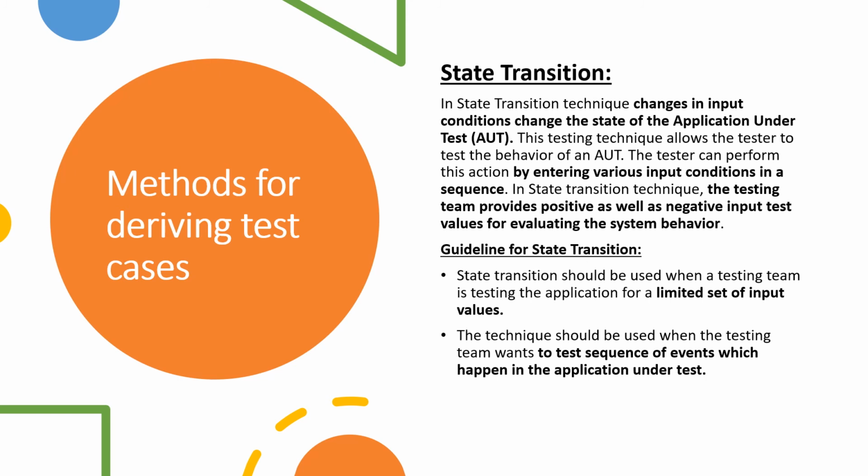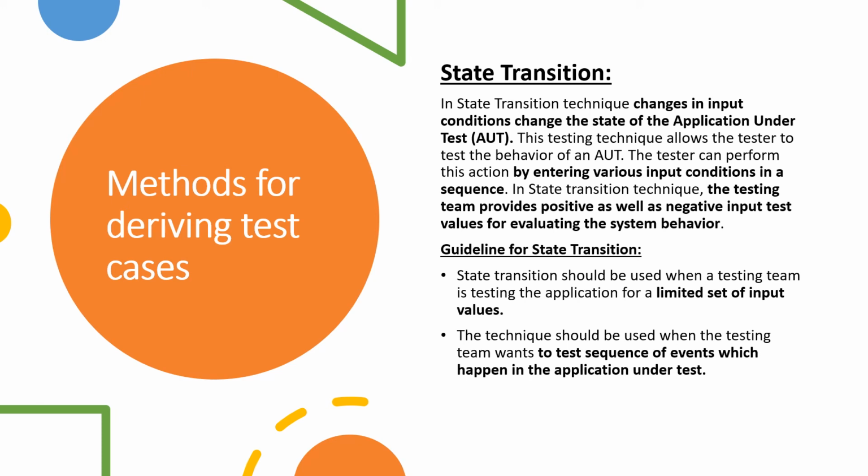The next thing is state transition. If you have a limited set of input values, then we will use the state transition technique. If you have already covered the previous techniques, ignore this. But if you have very few values or input conditions, then you can use this state transition technique.